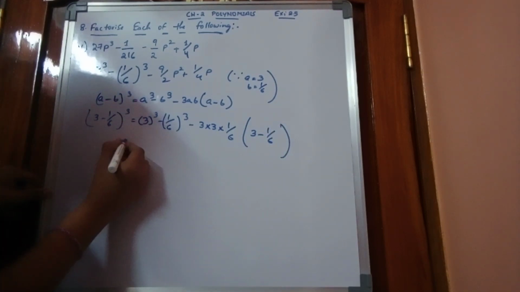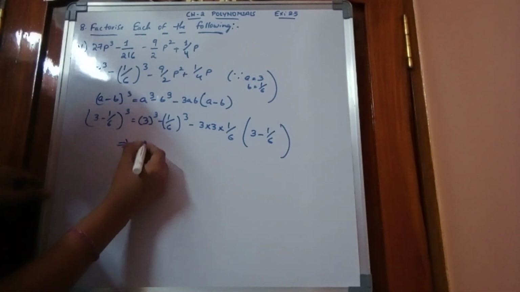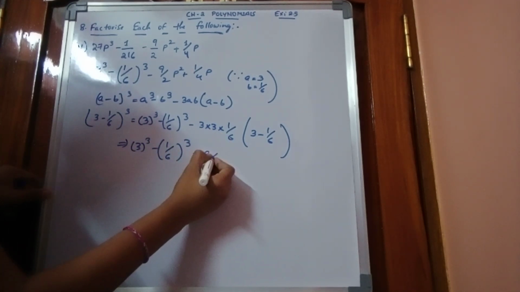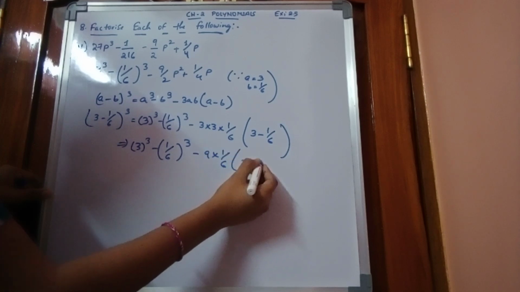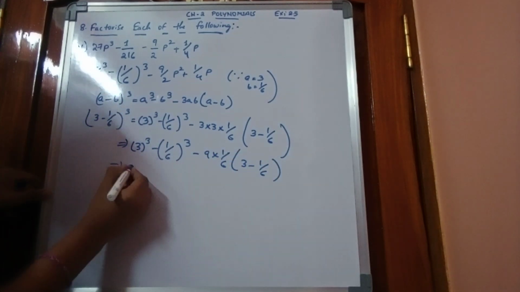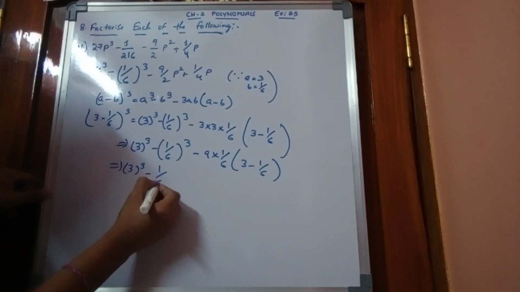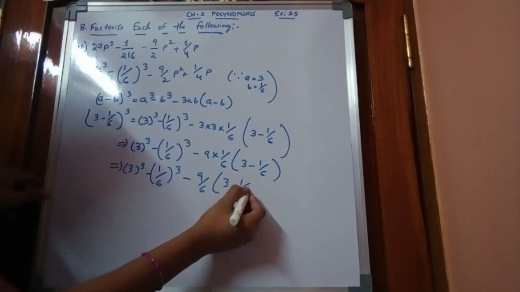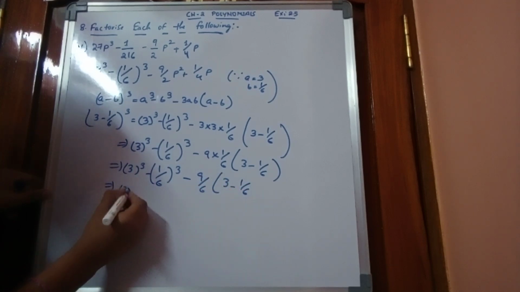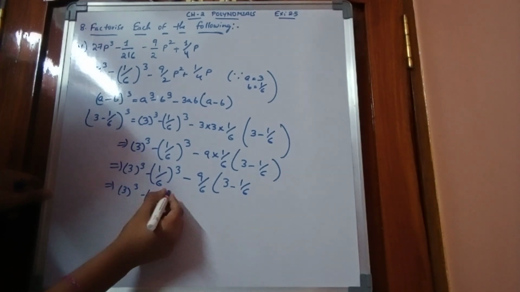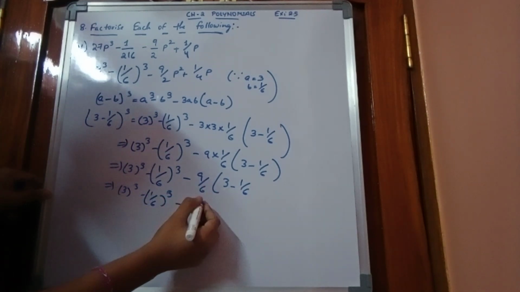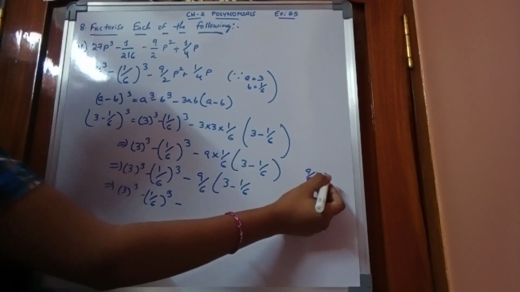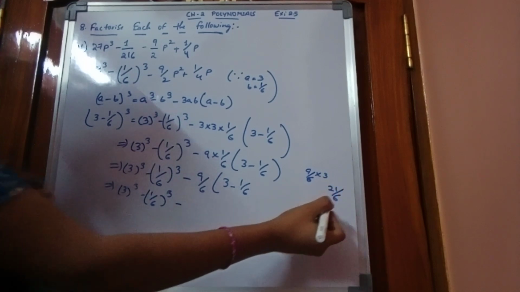Now multiplying this, that is (3p) whole cube minus (1 by 6) whole cube minus 9 by 6 of (3p minus 1 by 6). So this implies minus 9 by 6 into 3p. 9 by 6 into 3, that is 27 by 6.